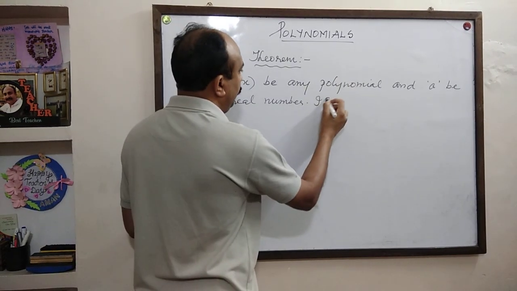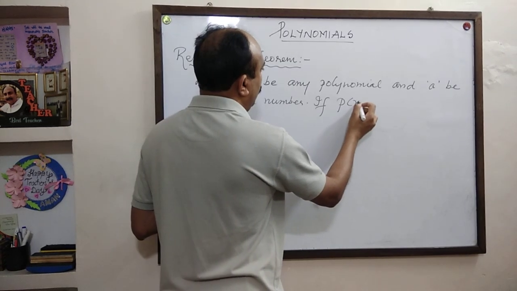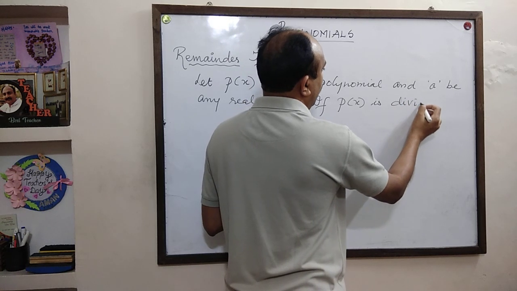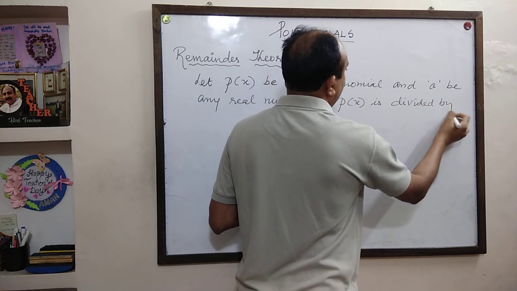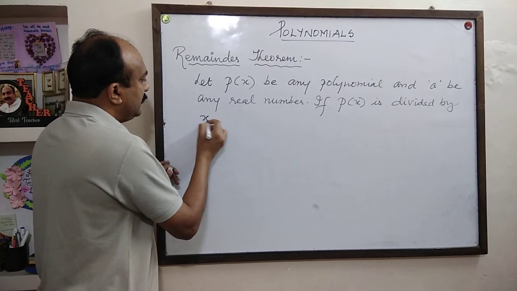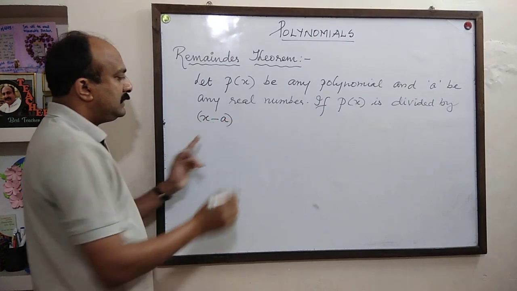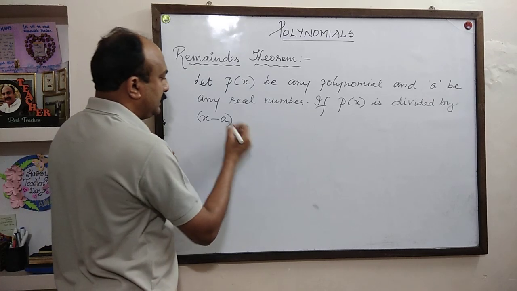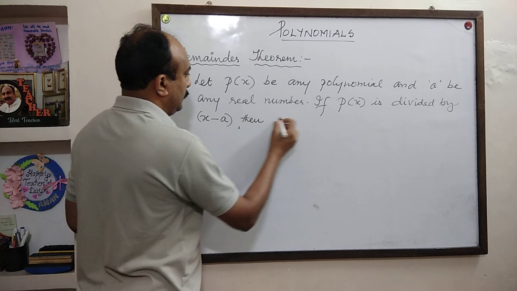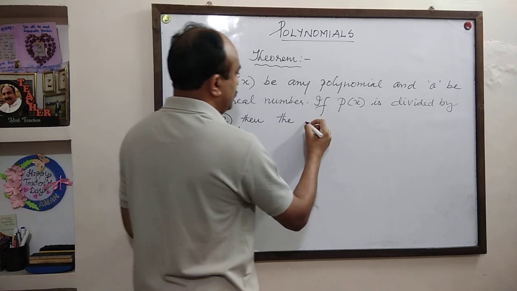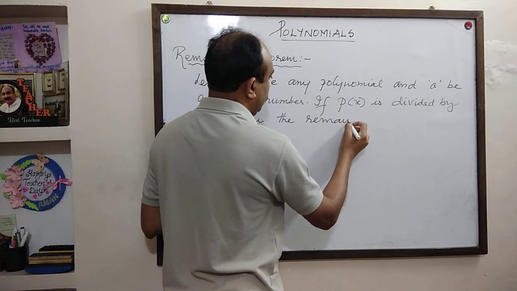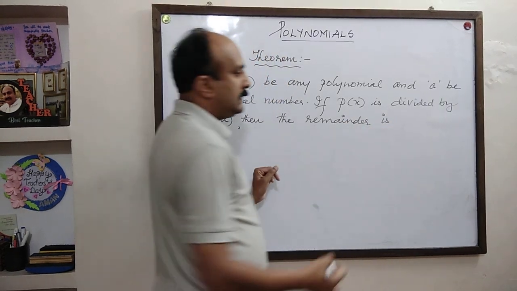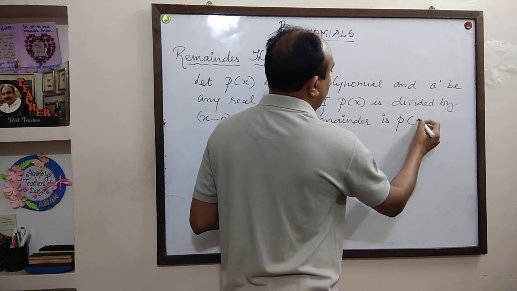Now, if P of x is divided by x minus a, this is the divisor which is in the form of x minus a, then the remainder is P of a.